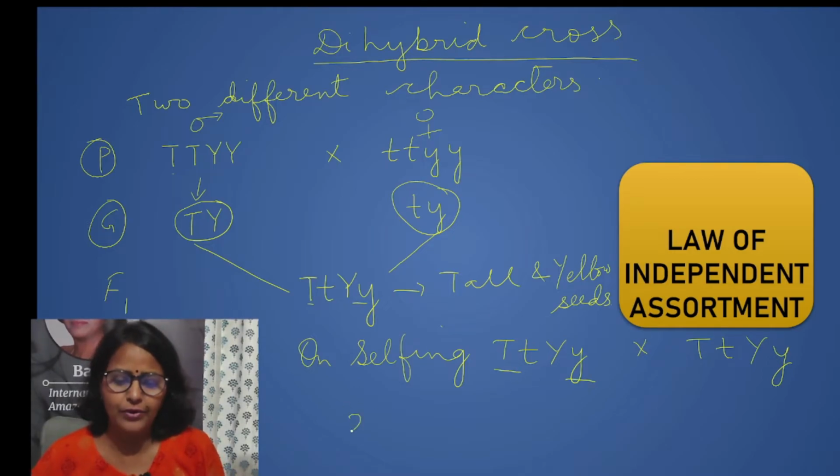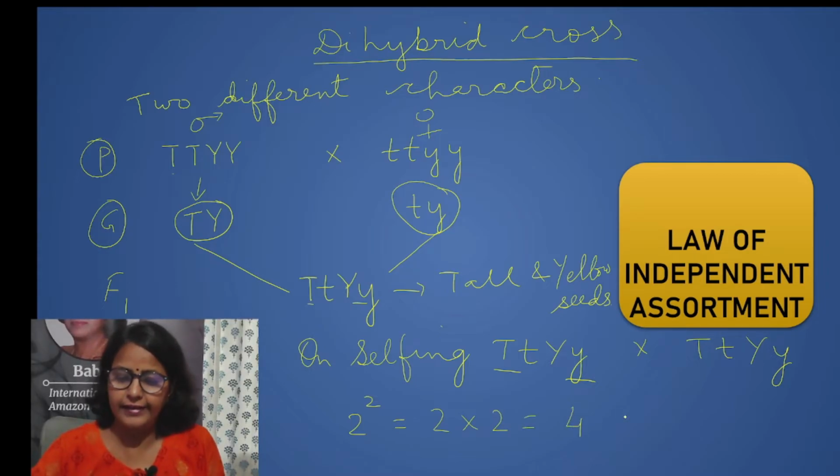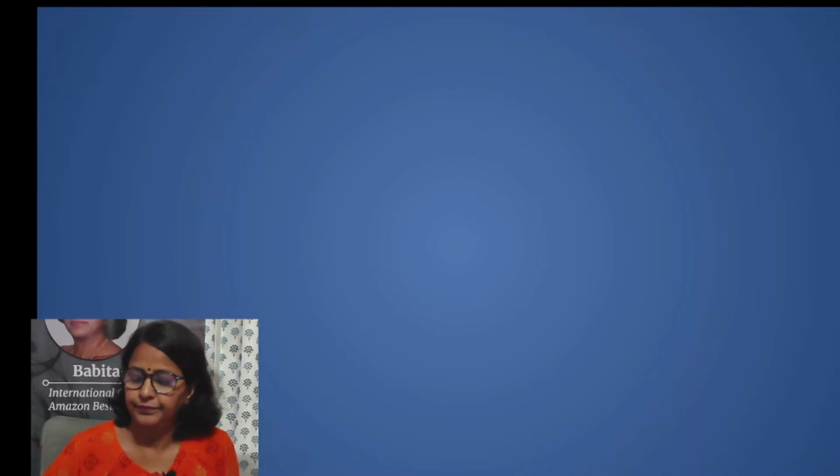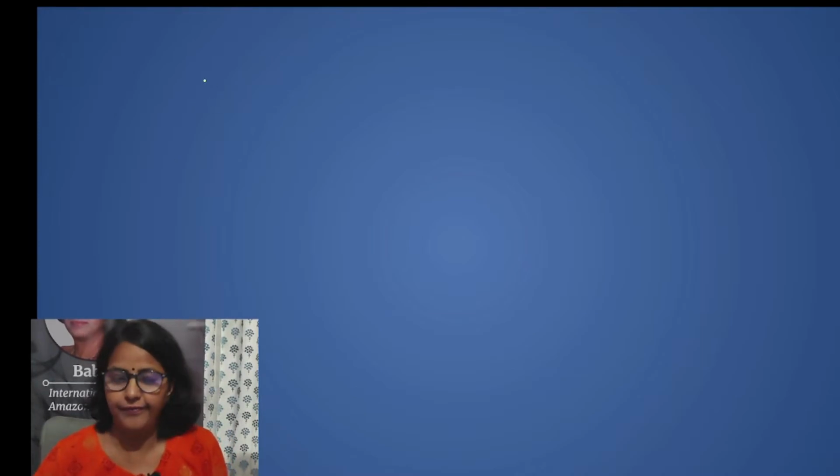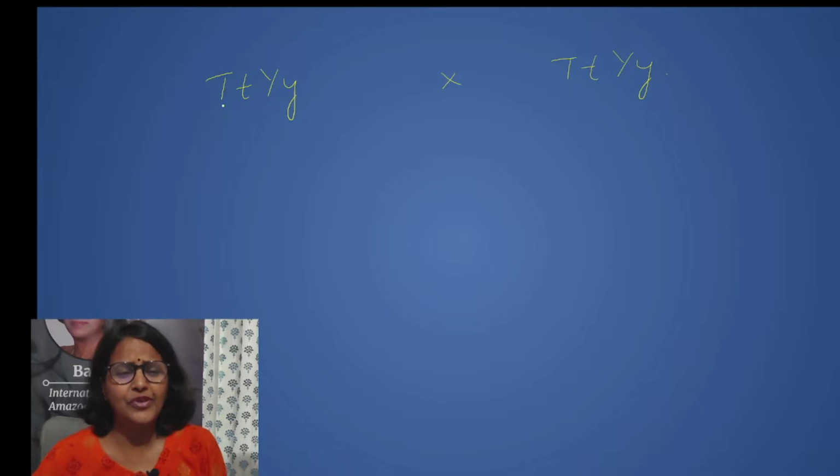We have two heterozygous genes, so gametes that will be produced is 2 into 2, that is 4. Let us see how. So we have capital T, small t, capital Y, small y into capital T, small t, capital Y, small y. 4 types of gametes are formed.